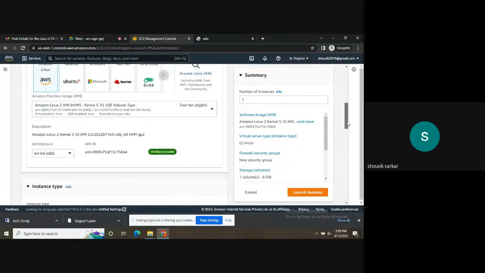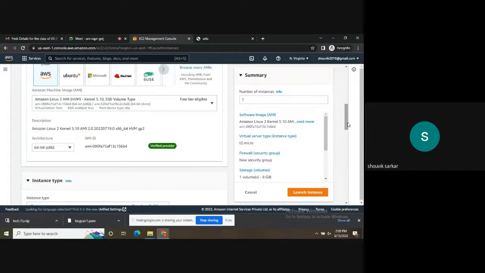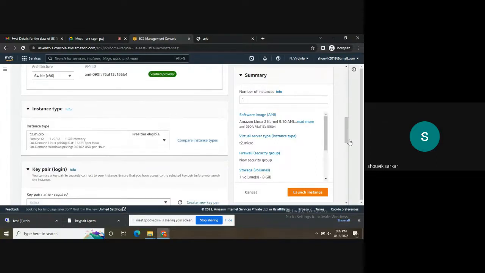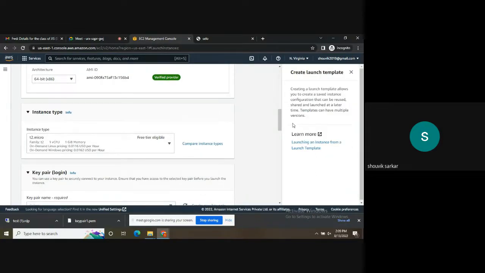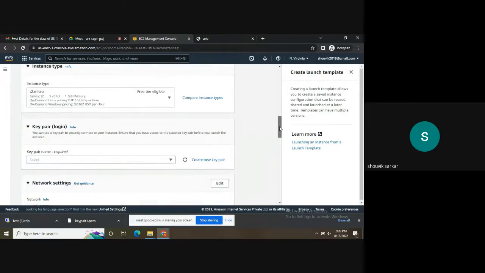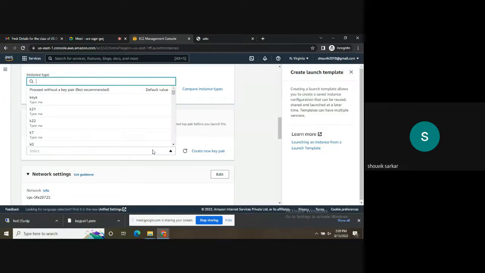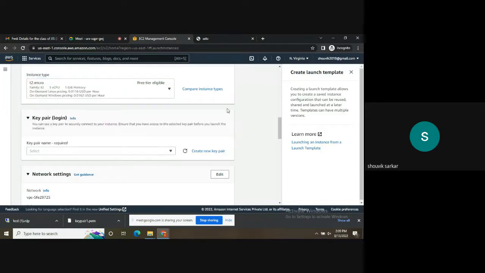After this, we need to go with the next option, that is, we need to write a key pair. This time, we need to create a key pair this way.